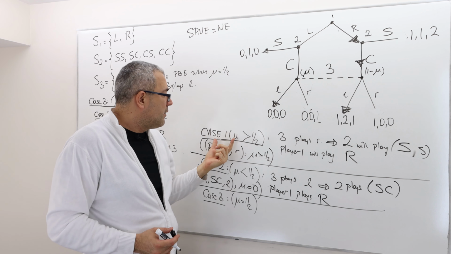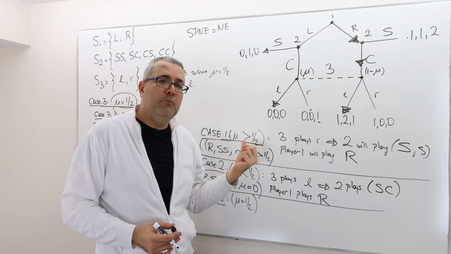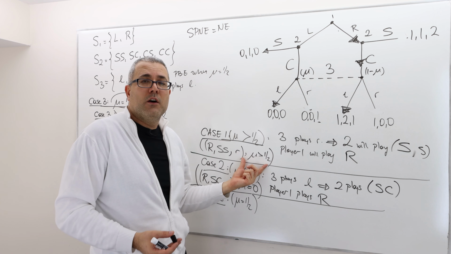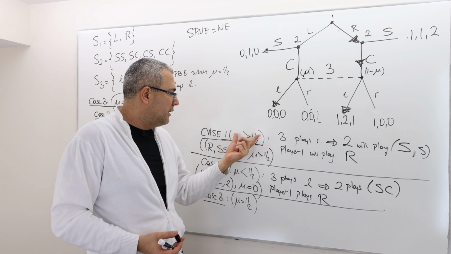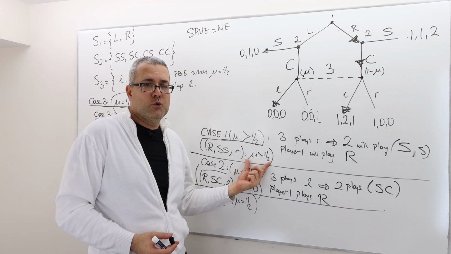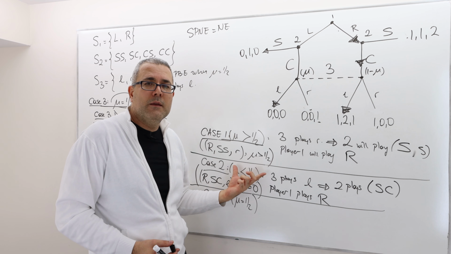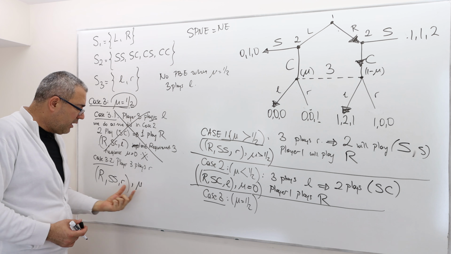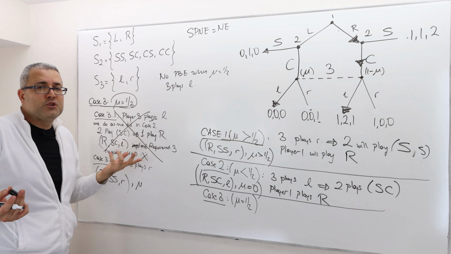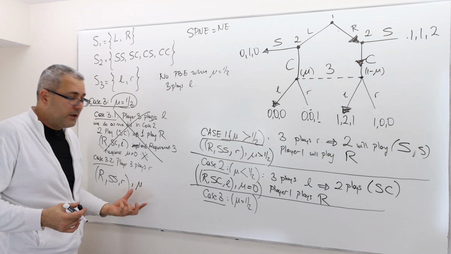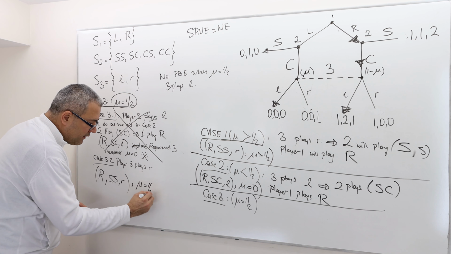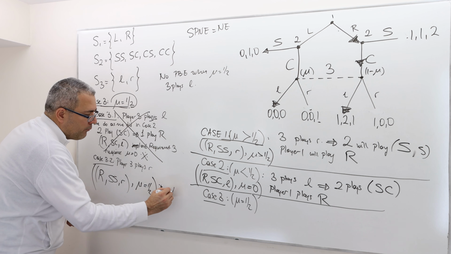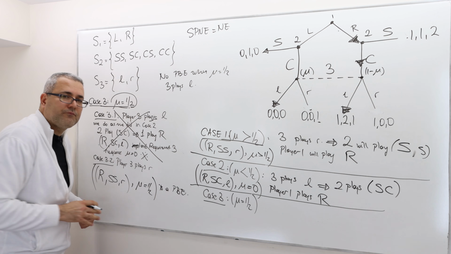Case 1 was about mu greater than 1/2, and because mu is a free parameter, we used all those mu's to form the PBE. Here, however, my case is mu equals 1/2. And because requirement 4 puts no restriction on mu, mu equals 1/2 is also a perfect Bayesian equilibrium of this game.